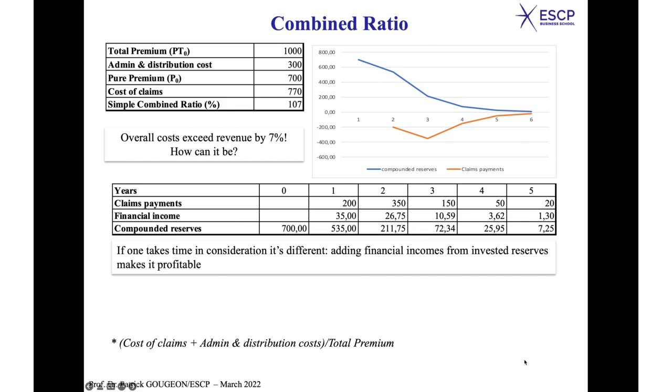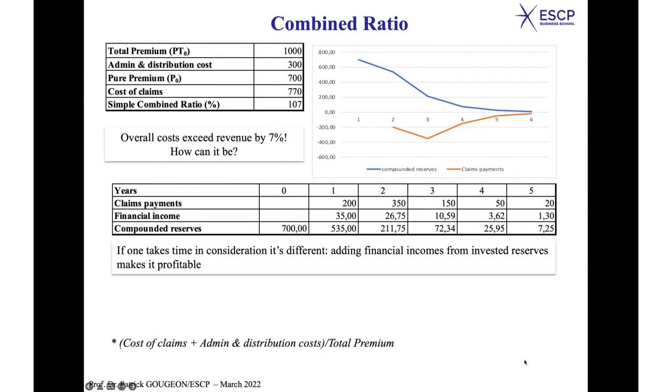So even though the pure premium is lower than the expected cost of total claims, if you take time into consideration, you see that there is enough reserve to cover all the claims, because over time, you have a financial income effect, which you need to take into consideration, which compensates for the initial deficit.